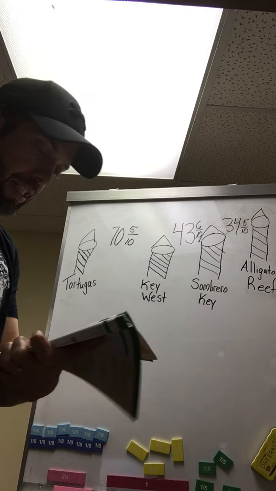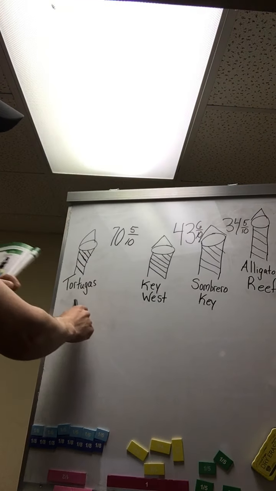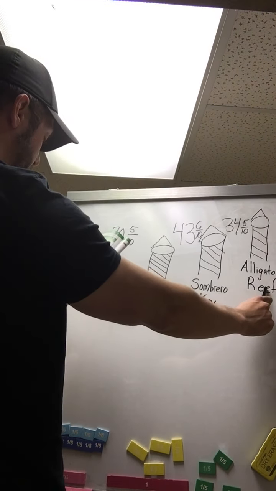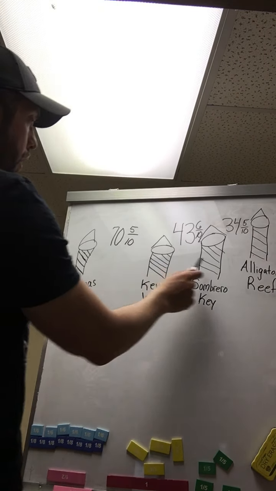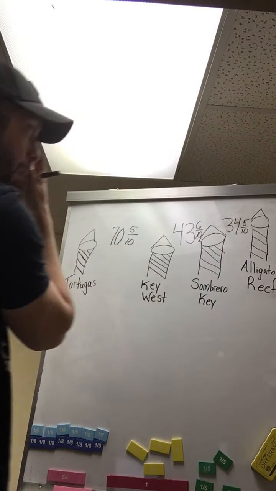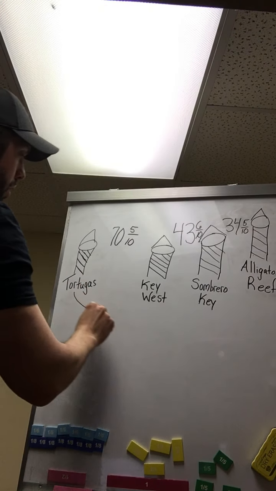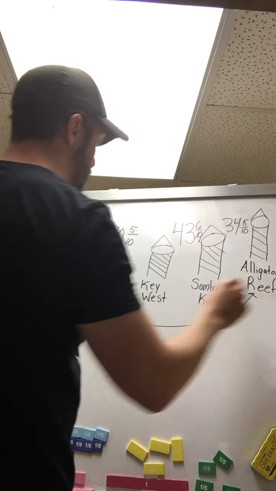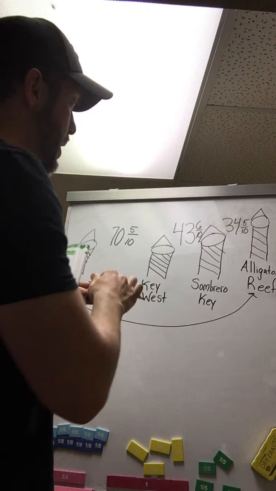What is the distance from the Dry Tortugas lighthouse, from here all the way to the Alligator Reef lighthouse, traveling between all 4 lighthouses? So we want to figure out what's the distance from here all the way to here, but we're hitting all of these 4 lighthouses.